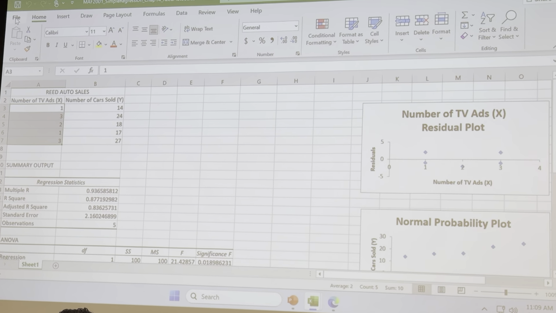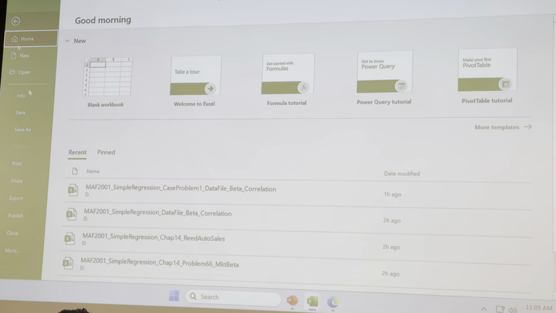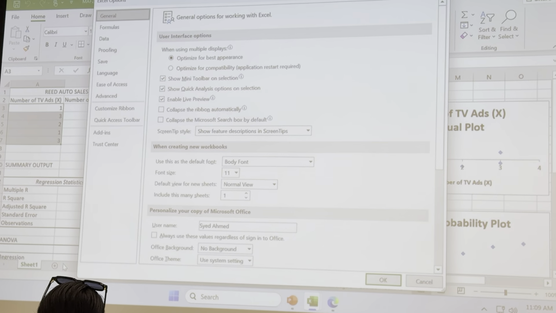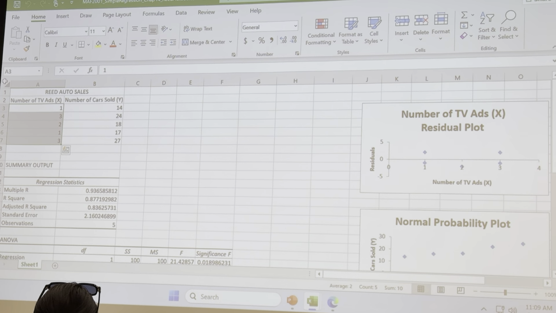What I'd like to do is go into File in Excel. Can you do that? Go into Options. You want me to go back? I can go back. So open Excel.